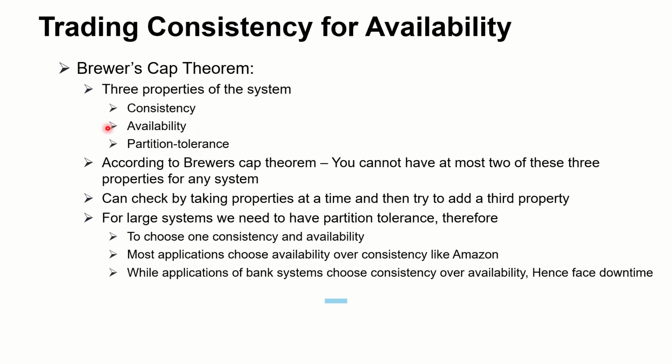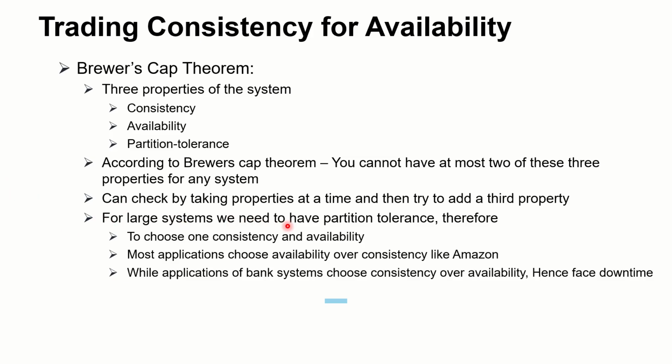We can think of practical scenarios also: how are we going to have consistency if our network is already partitioned and we also need to have high availability? If we need to have consistency with partition tolerance, then our system will not be available for a time when the system is in an inconsistent state. So at a time we can have at most two of these properties. Okay, so this is Brewer's CAP theorem.